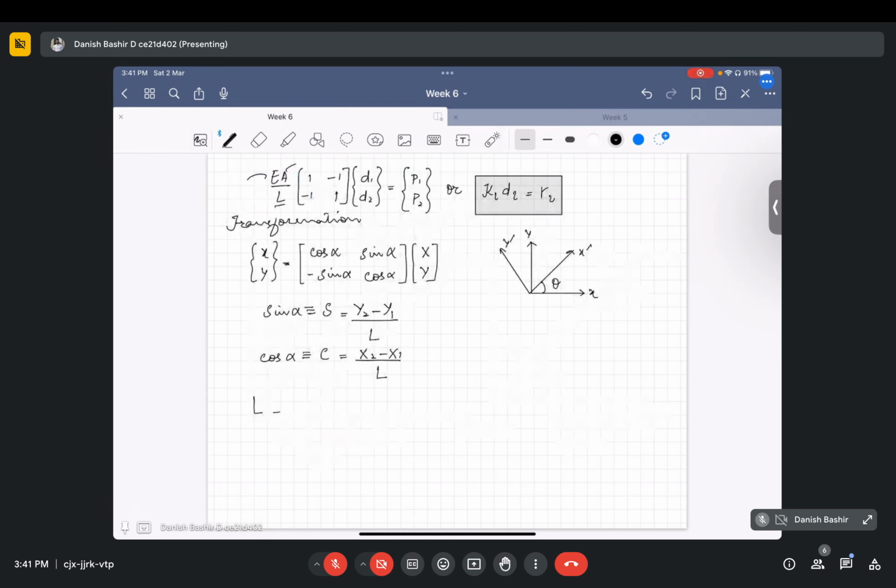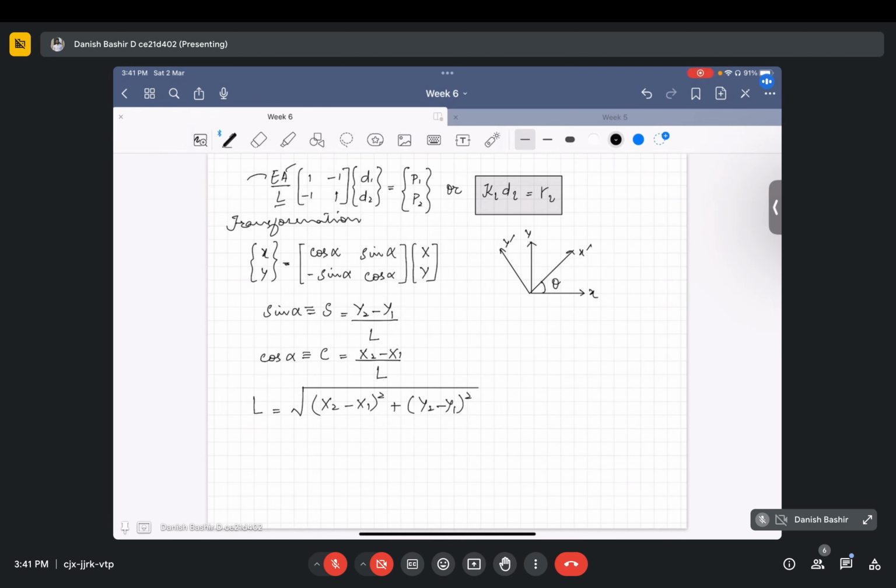By coordinate geometry, L equals the square root of (x2 minus x1) whole square plus (y2 minus y1) whole square. I hope this is clear to you guys.